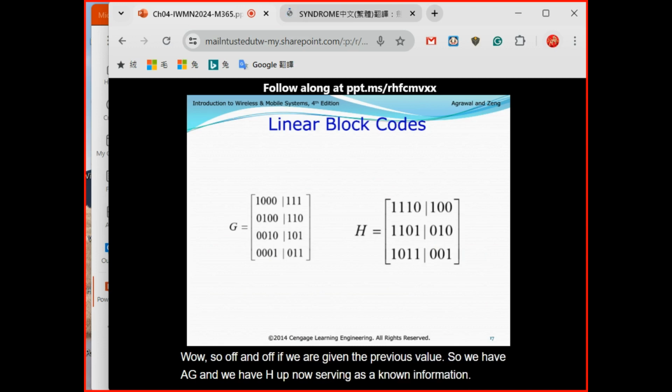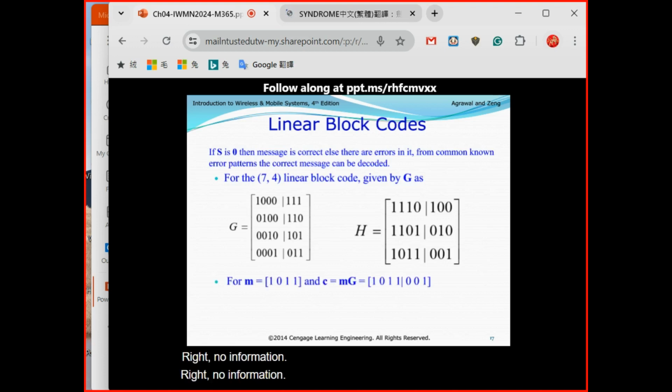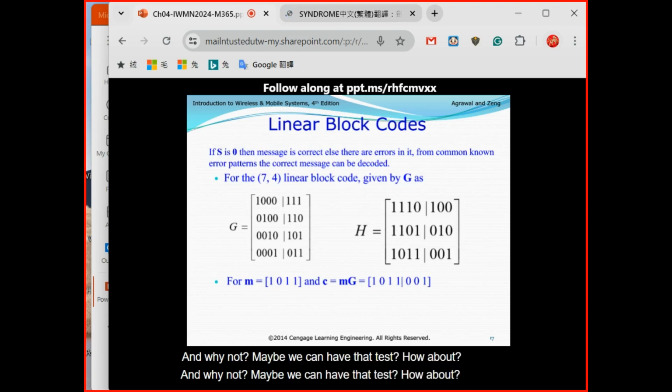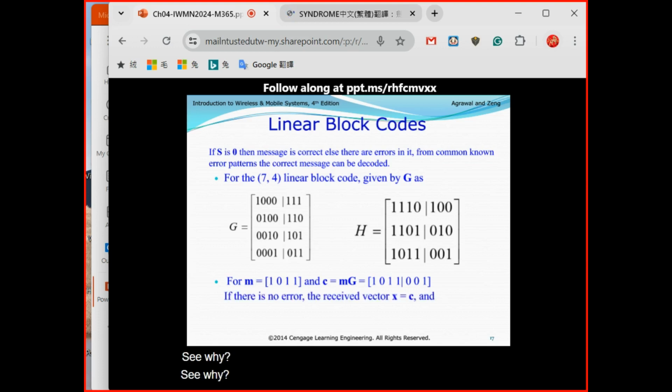Right, known information. And right now, maybe we can have a test. How about input message 1011? Sure, you can check it. But now, if no error, how about the syndrome? All zeros.